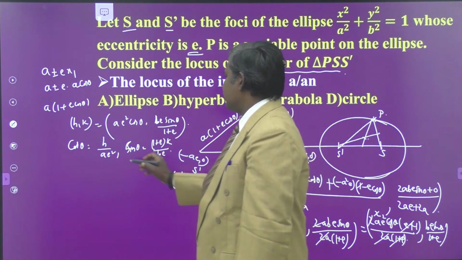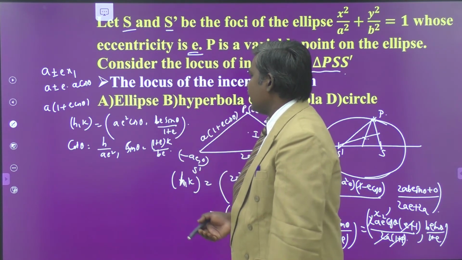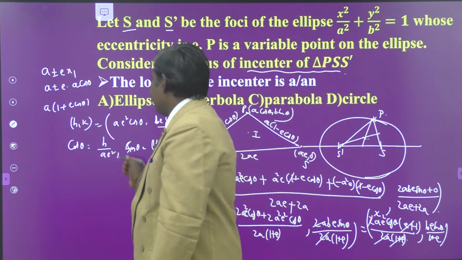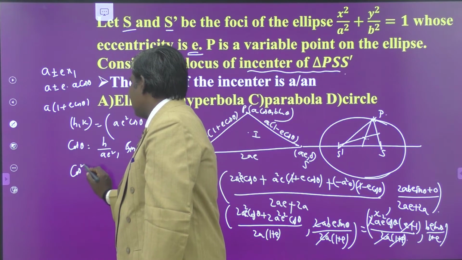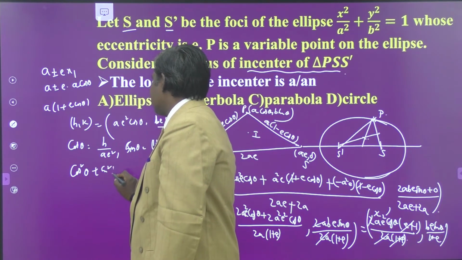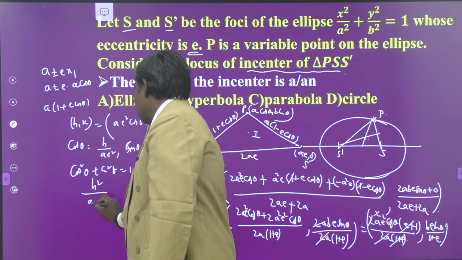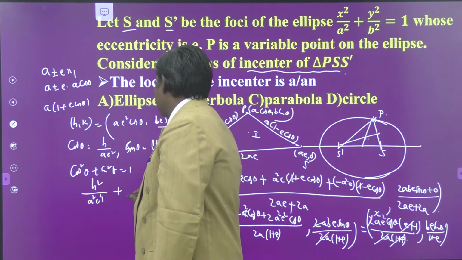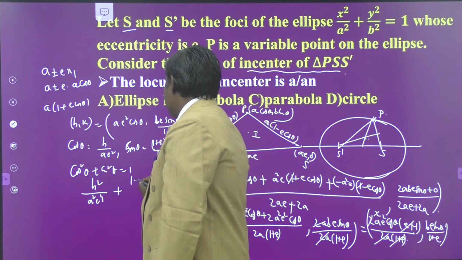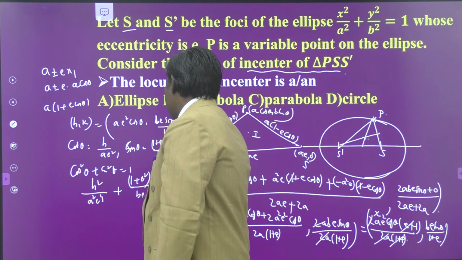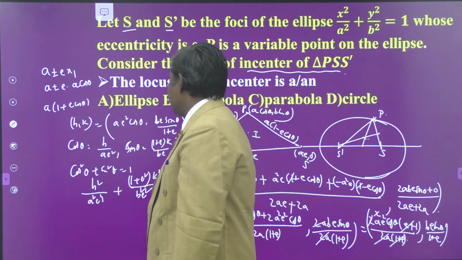Cos theta and sin theta you have. By squaring and adding, you can easily eliminate the theta. Cos square theta plus sin square theta is equals to 1. h square by a square e power 4 plus 1 plus e square into k square by b square e square is equals to 1.